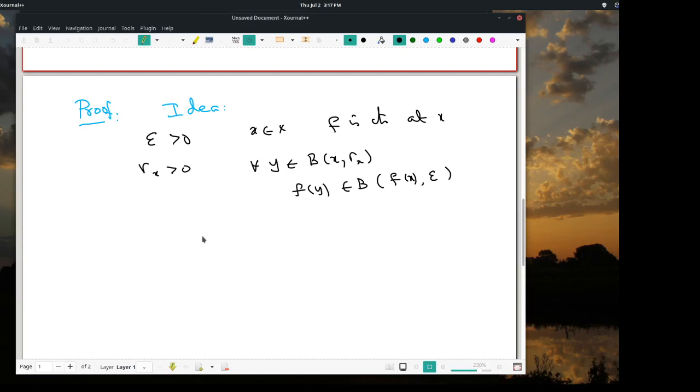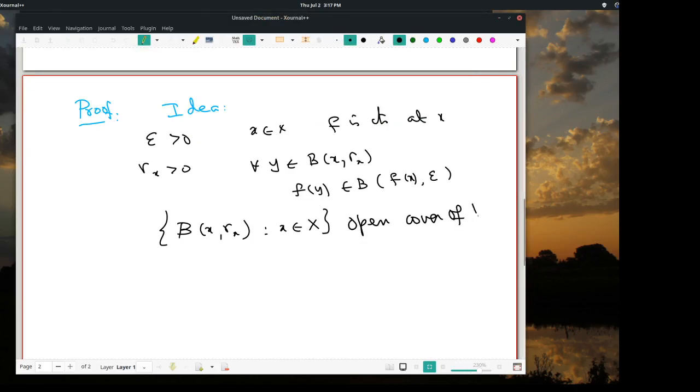Therefore you can see I have an open cover of X, like this, as x varies over capital X. Since X is compact, I can choose a finite subcover. Let us say there are x1 to xn, so that P(xj, Rxj), which we will call r_j, B(xj, rj), this collection, as j varies between 1 and n, is a finite subcover.